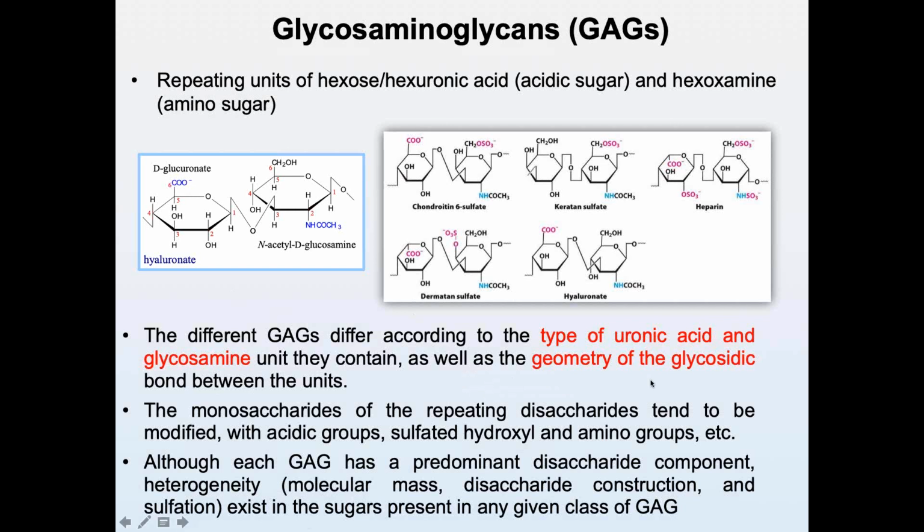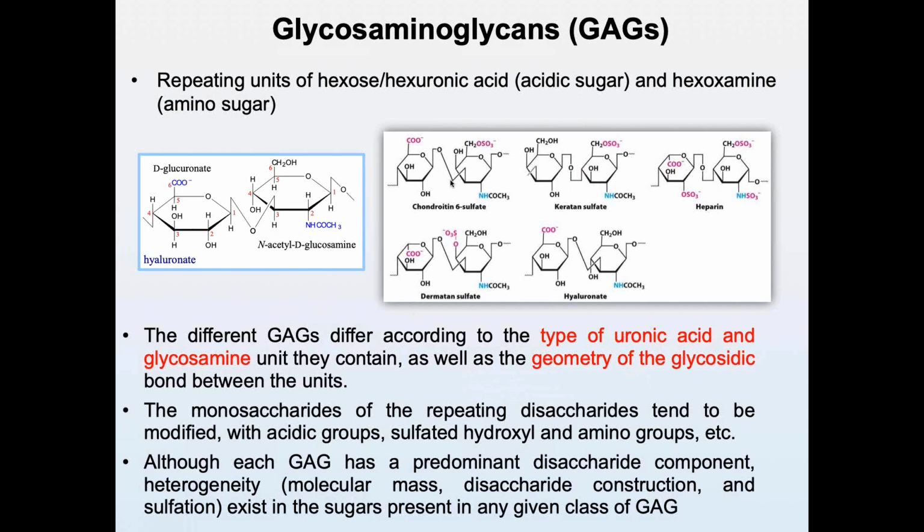And these differ in the type of the uronic acid or the amino sugar. Now, they also differ in the type of the glycosidic bond. And this is very important because the type of the glycosidic bond or the type of the sugar molecule really allow these GAGs to recognize different proteins.